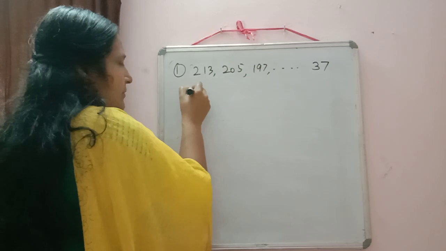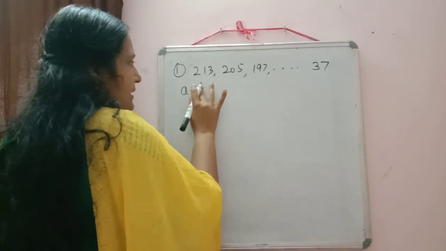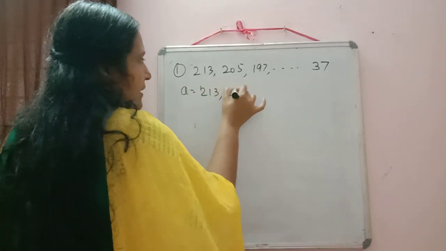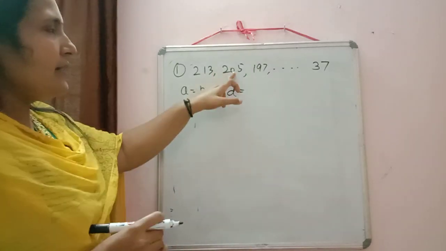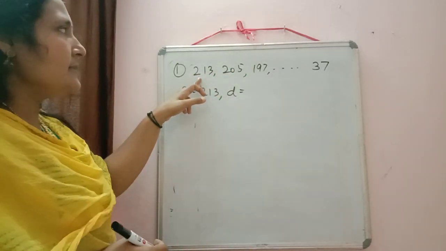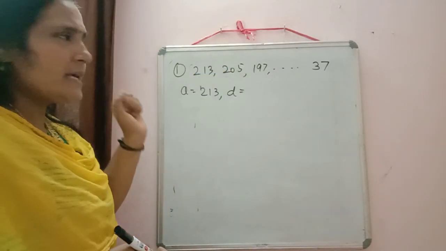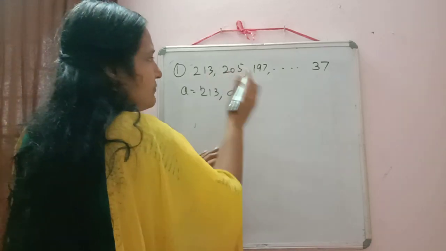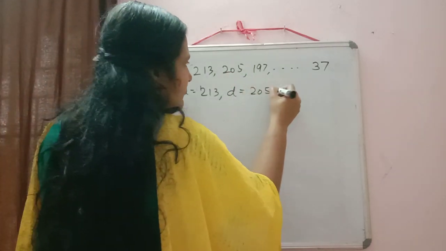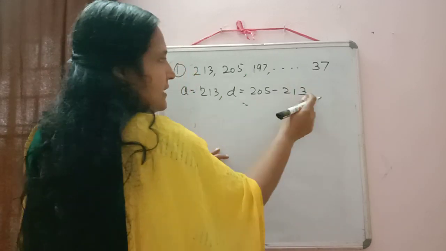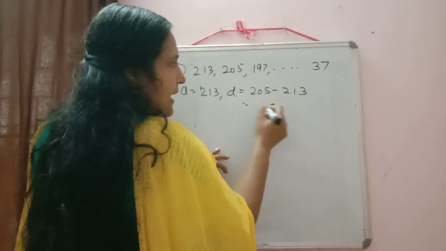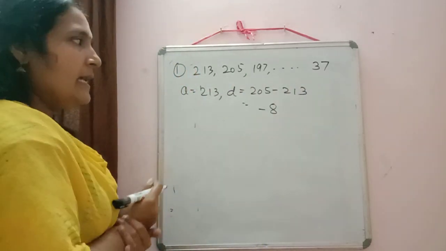So first term of the AP is 213. And common difference 205 minus 213. 13 minus 5 is 8. So our common difference will be negative there.